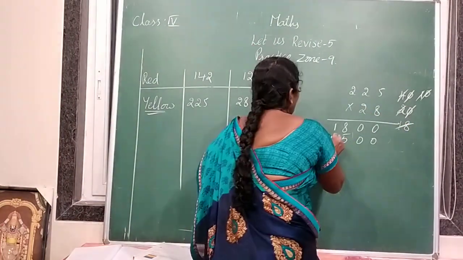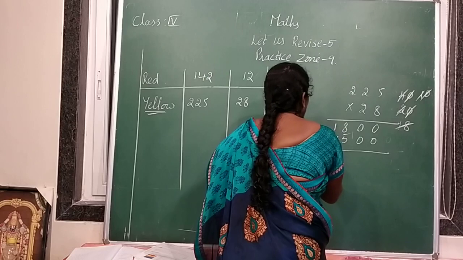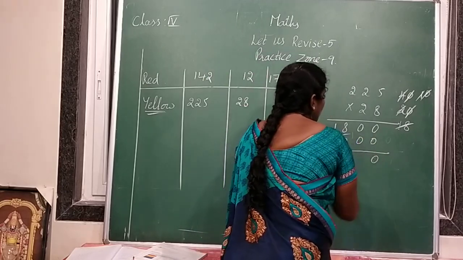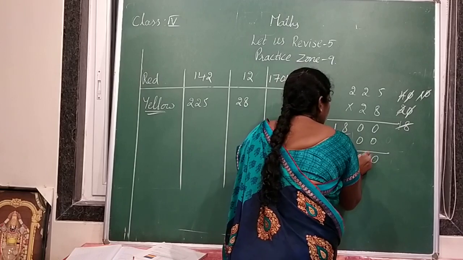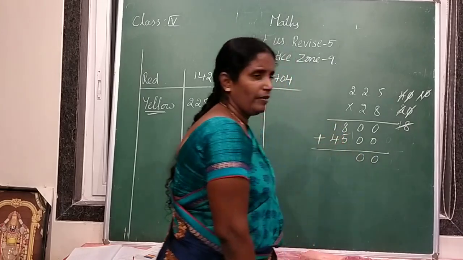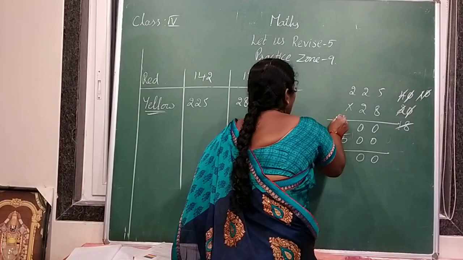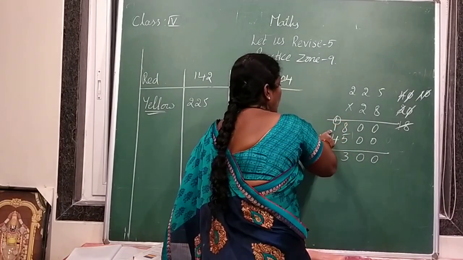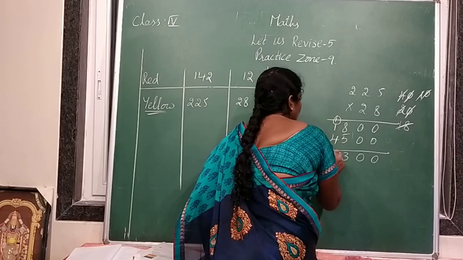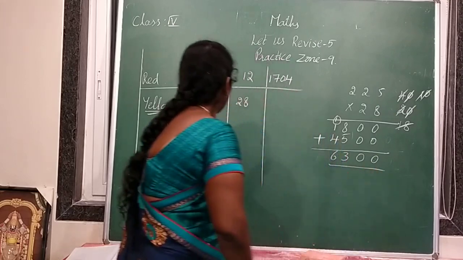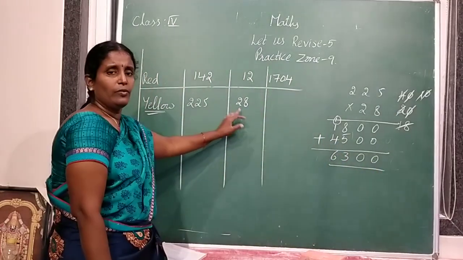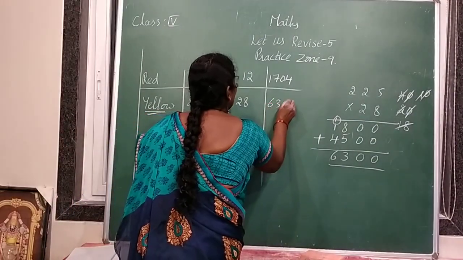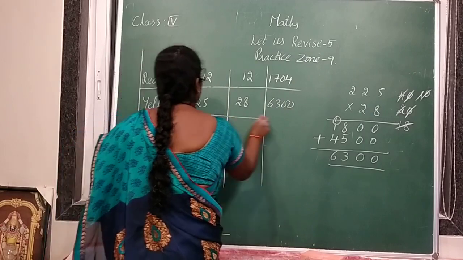Now do the addition. 0 plus 0 is 0. 8 plus 5 is 13. 4 plus 1 is 5, plus 1 is 6. So how many pencils are there in 28 boxes? 6,300 pencils in 28 boxes.